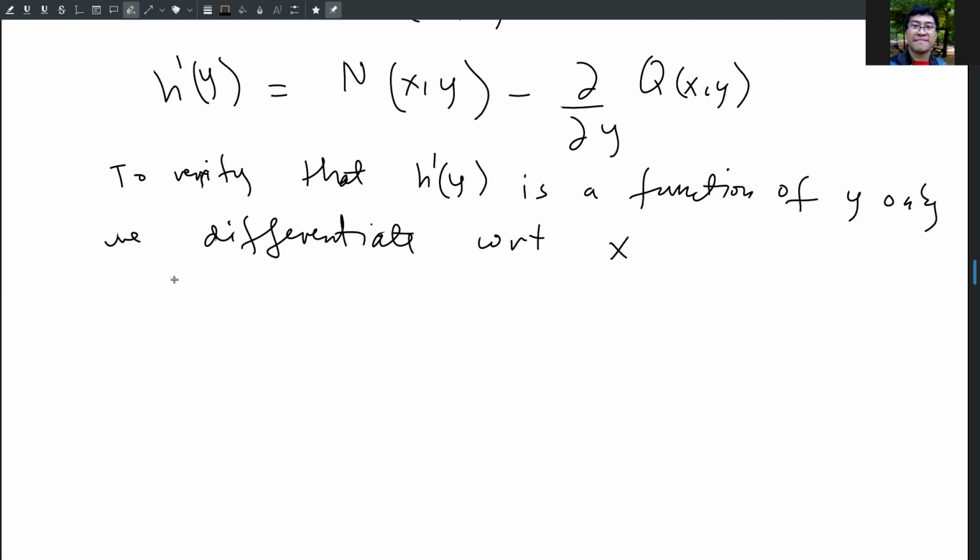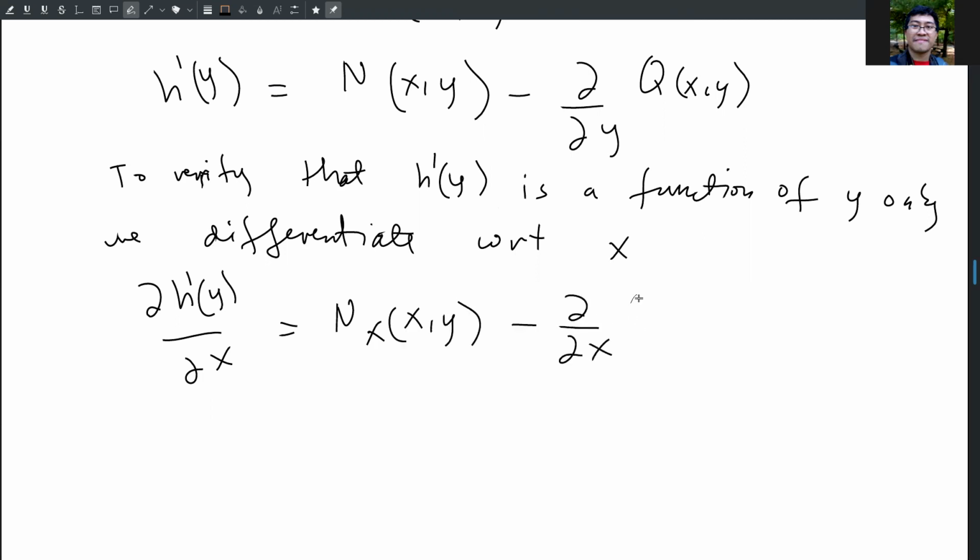If we differentiate h prime(y) with respect to x, we get n_x minus the partial with respect to x of the partial with respect to y of q(x,y).